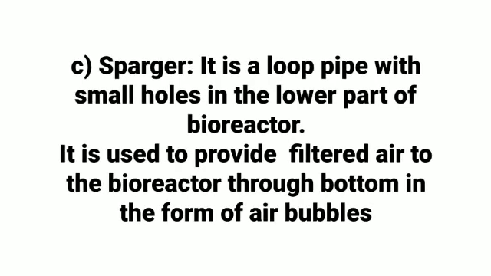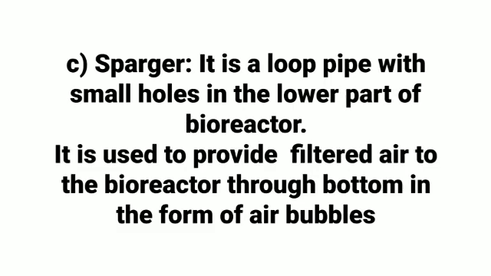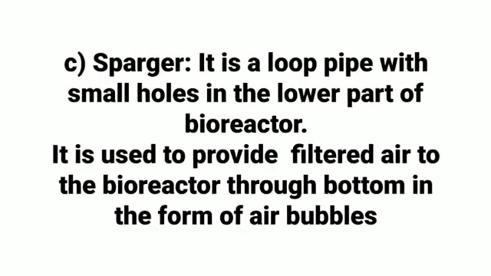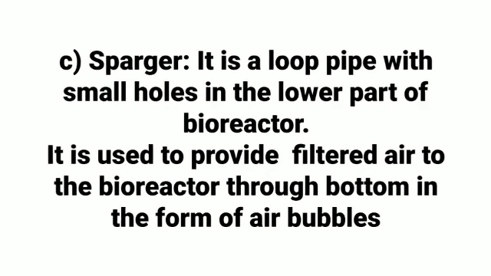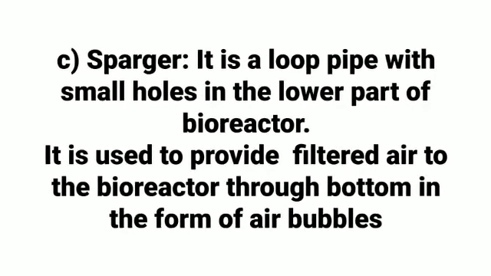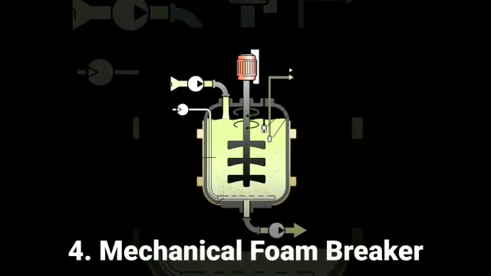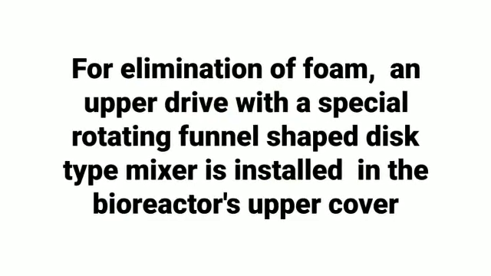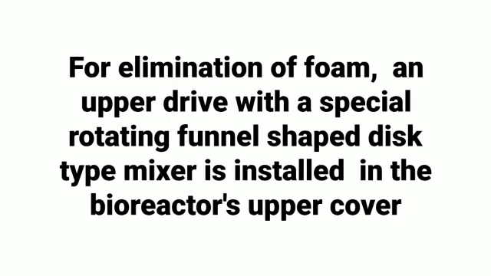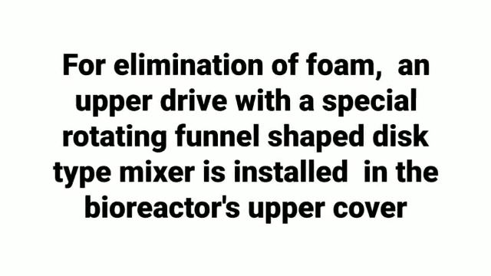It is used to provide filtered air to the bioreactor through the bottom in the form of air bubbles. Fourth one, mechanical foam breaker. For elimination of foam, an upper tray with a special rotating funnel-shaped disc-type mixer is installed in the bioreactor's upper cover.